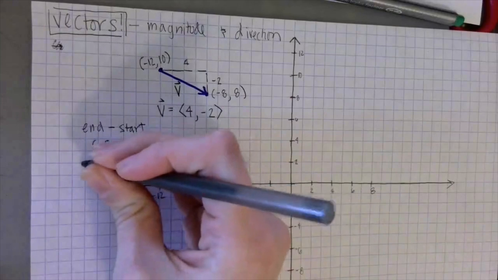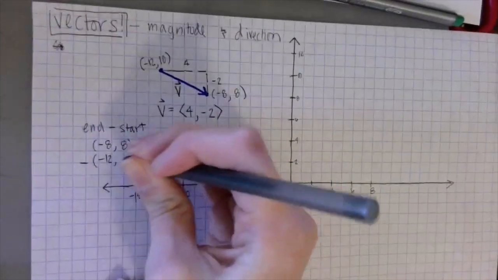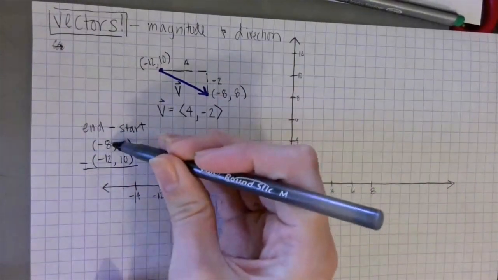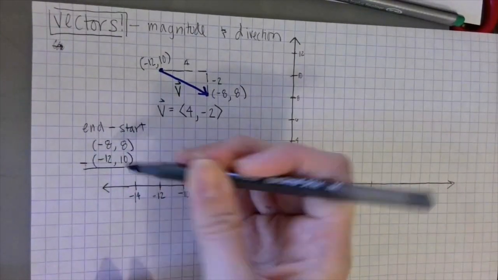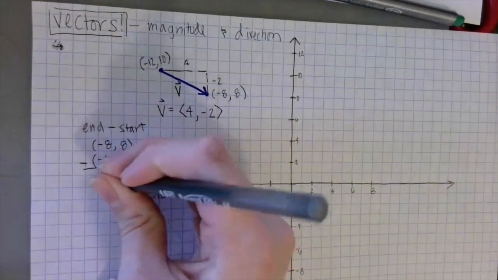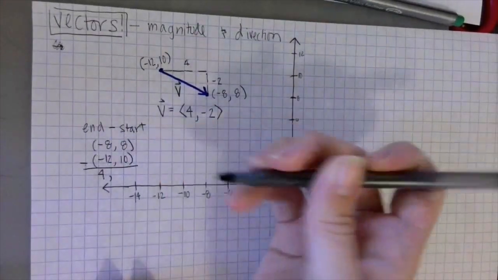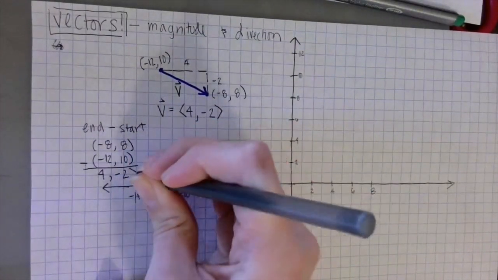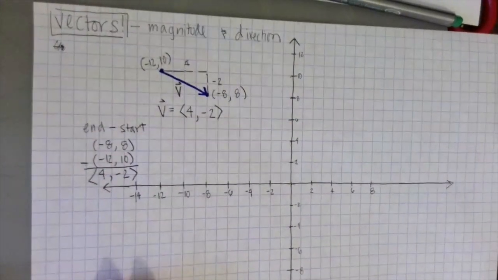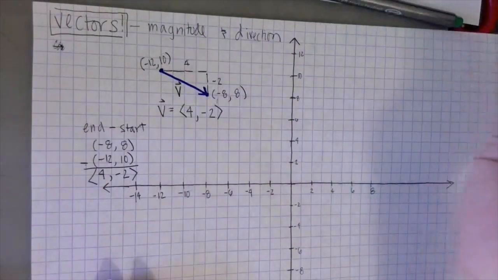And I am going to subtract my start point, which is -12, 10. -8 minus -12, well, minus negative, this will become +12, -8 plus 12, that's 4, 8 minus 10, that's -2, and notice how we got the amount for vector V. And so if you're given a start point and an end point, that's one way you can find the components of the vector.